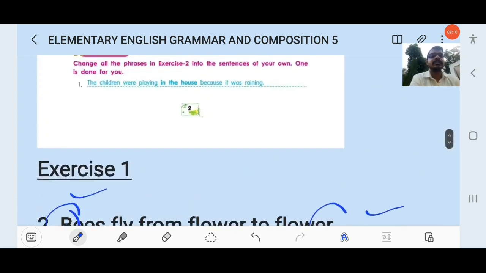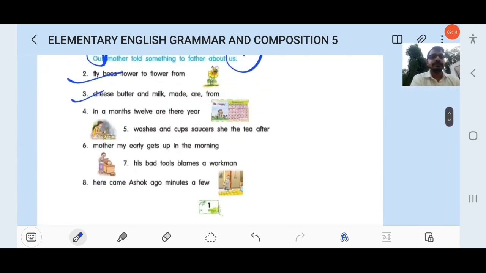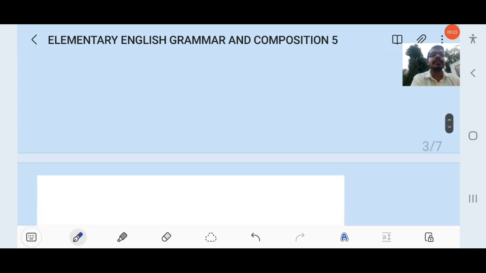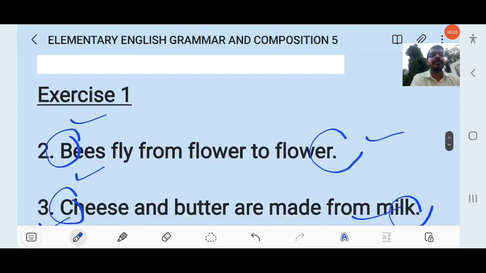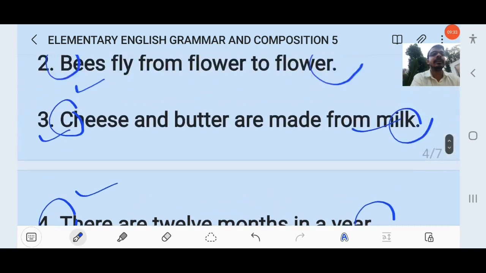Then the next question, number 4: in a month 12 are there year. There are 12 months in a year. T should be capitalized, the first letter of the sentence. There are 12 months in a year, then end the sentence with a full stop.